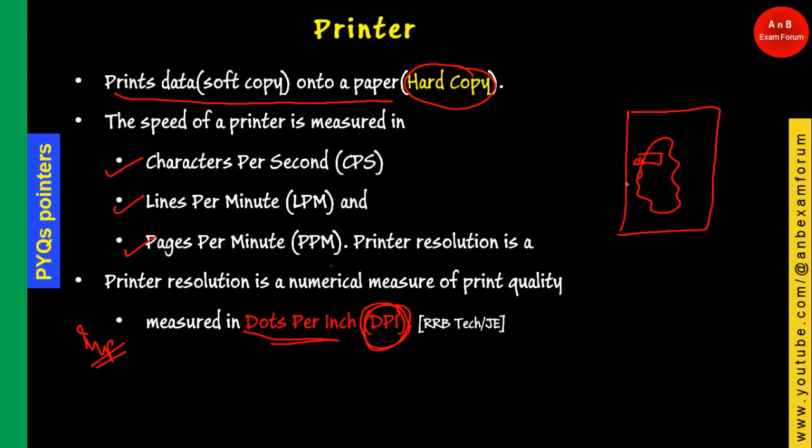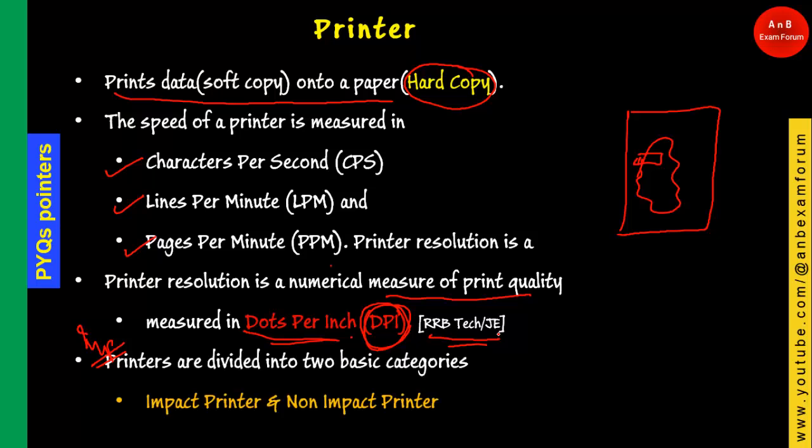It is similar to a pixel, but since it is a hard copy, these are known as dots. So dots per inch is used to measure the print quality. DPI is related to the printer. This question we have seen in RRB Technician and JE. So dots per inch is the terminology related to the printer.